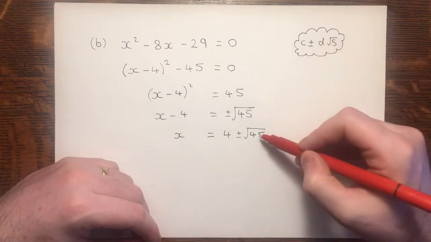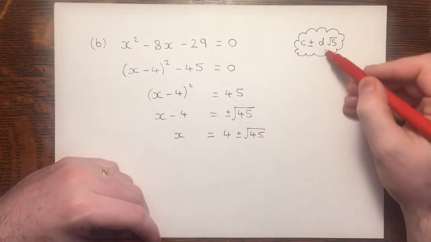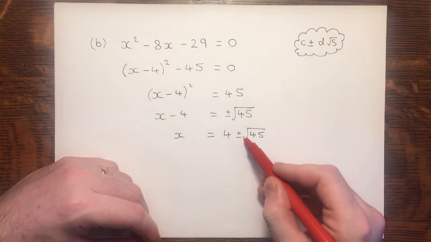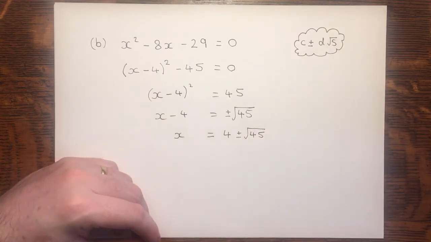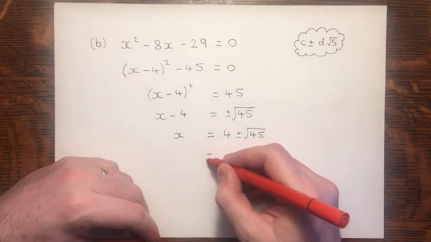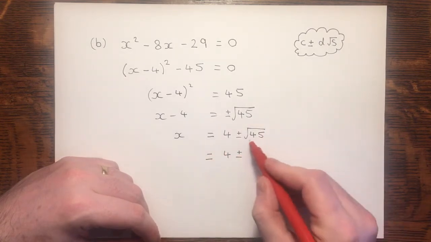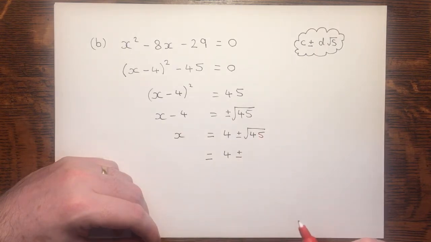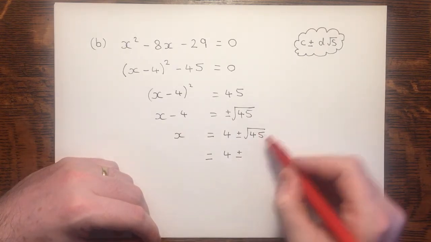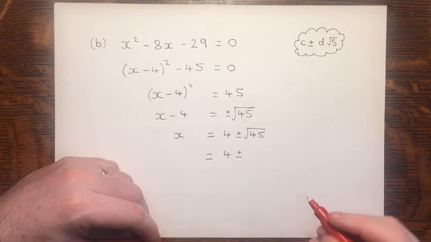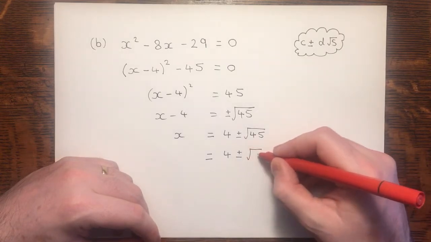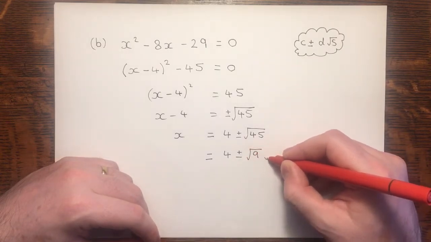It's root 5, not root 45, and there's a coefficient d, which we don't yet have. So there's a little bit more work to do, and we need to use our knowledge of surds to split this 45 into two surds. Now the form tells us that one of them must be 5 and the other one is 9, and as we'd suspect, it's a square number.